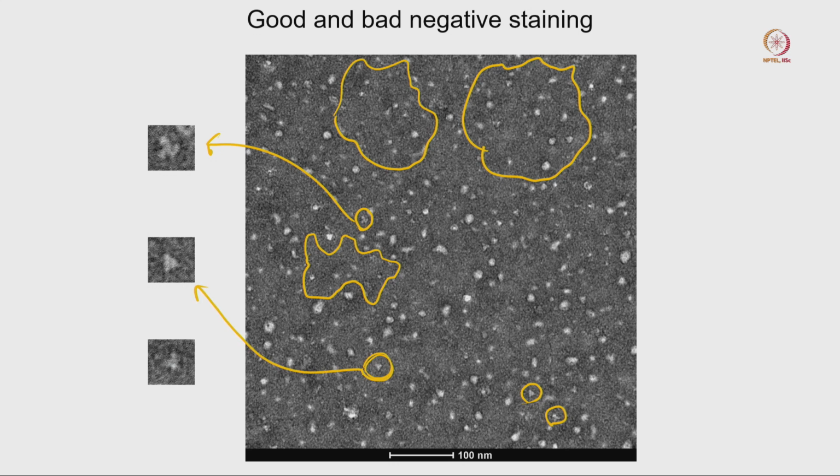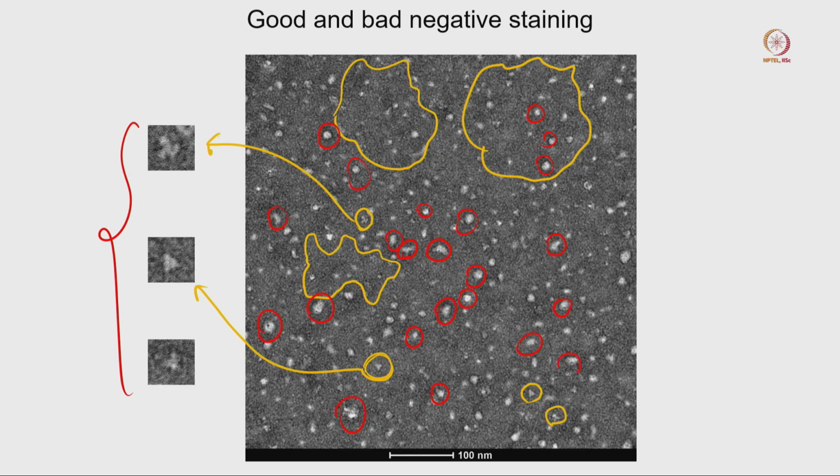So with this kind of thick stain, you can still isolate some particles, but there are so many other particles where we cannot see any proper shape of the molecule. When we have this kind of staining, sometimes it is very difficult to isolate your actual protein. In this entire image you can see only 4, 5 or 6 good particles. Rest of the places it just looks like a circular blob kind of structure.